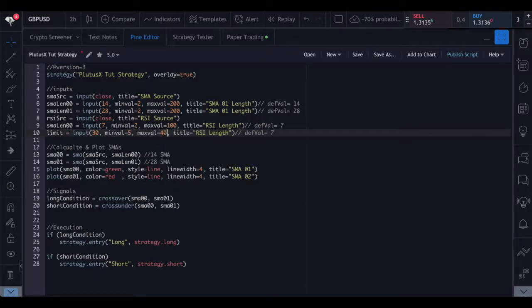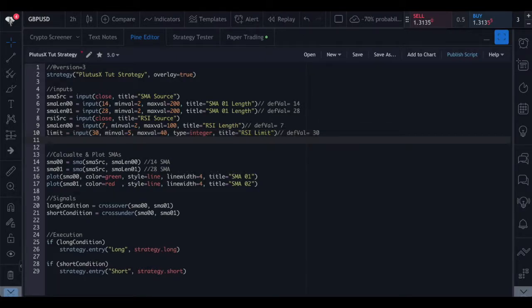Max val will be 40. RSI limit, default 30, and then we'll also just add a type in here just to be certain, and it'll be integer. Okay, I think that's all we need.